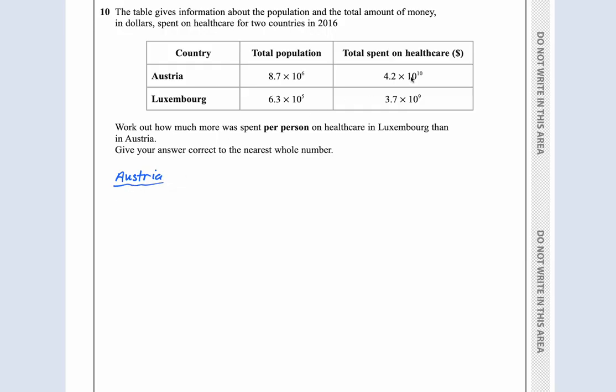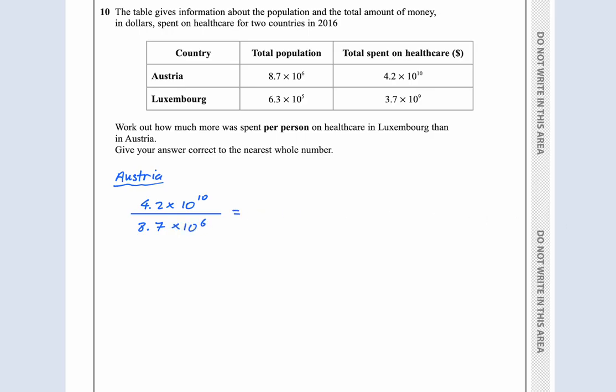How much money do they spend on healthcare? 4.2 times 10 to the power of 10. Now, per person, that's a lot of money, guys. That's like 40 billion. But per person, we have to divide by the population. So we divide by 8.7 times 10 to the power of 6.